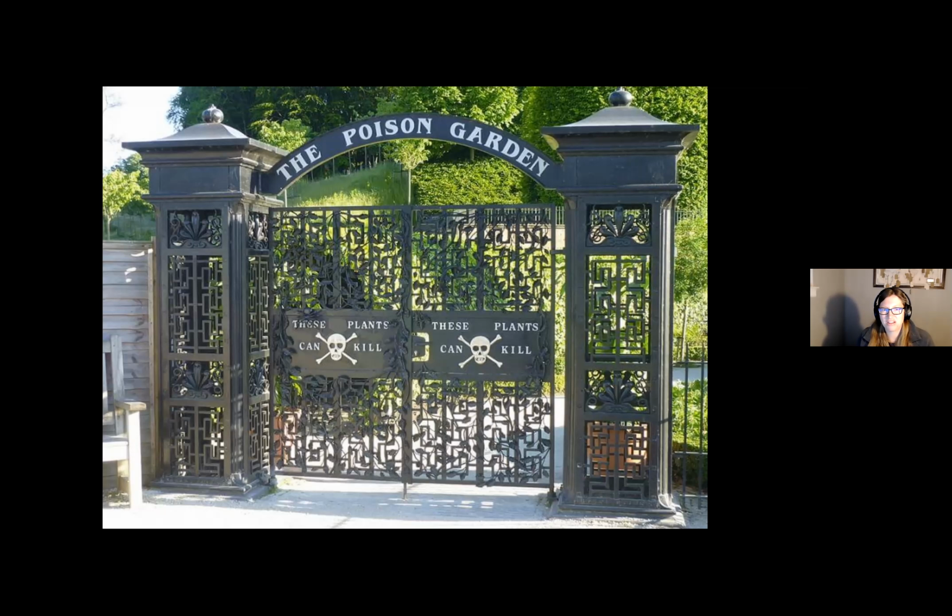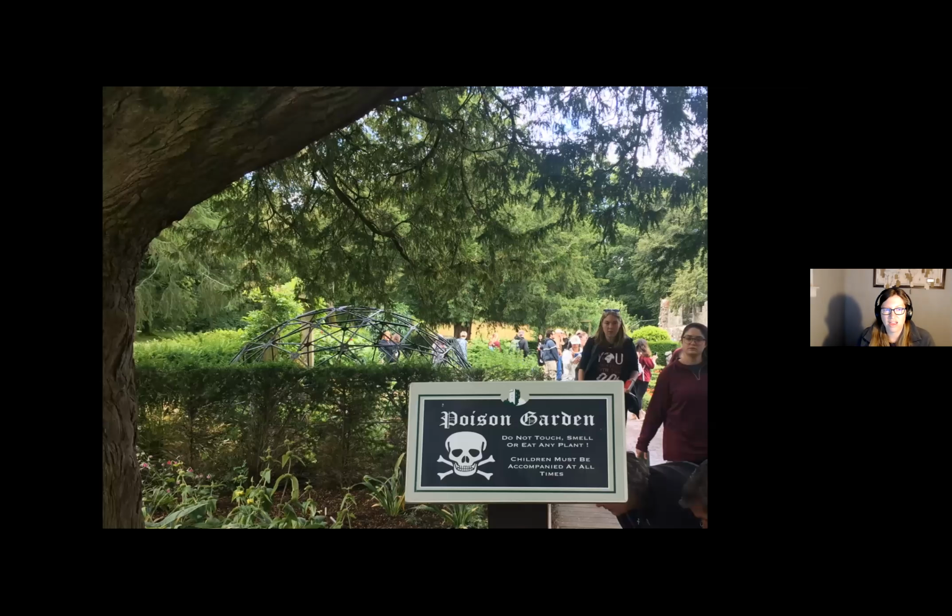They have a core collection of around 60 plants, but they can keep upwards of 100 there. You should not touch, smell, or eat any plant in here. So just be warned.